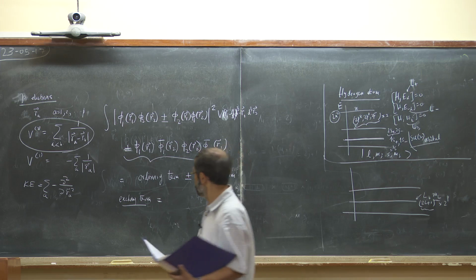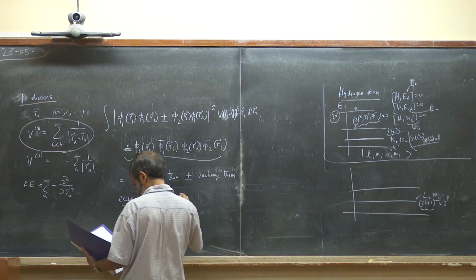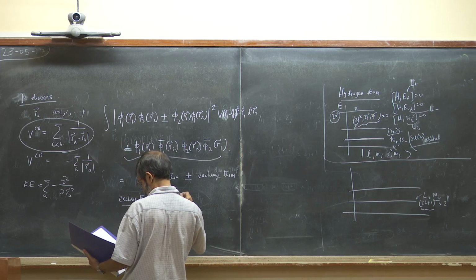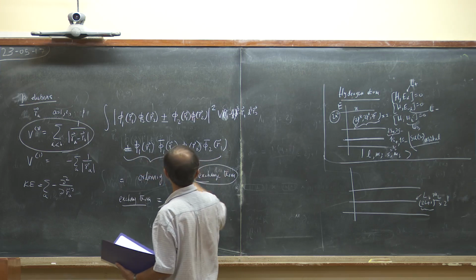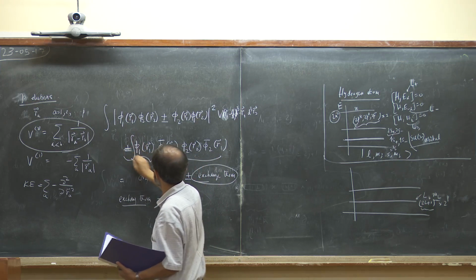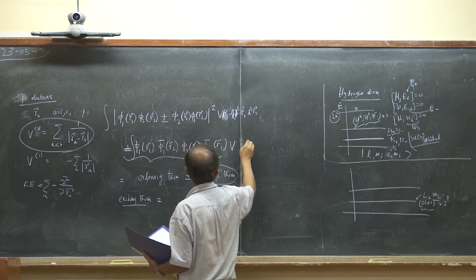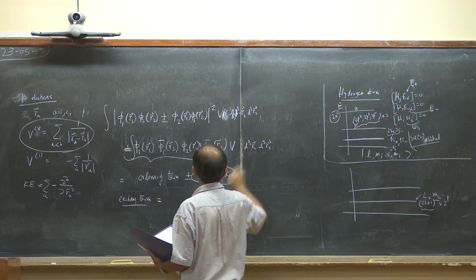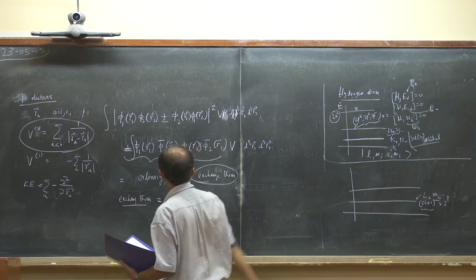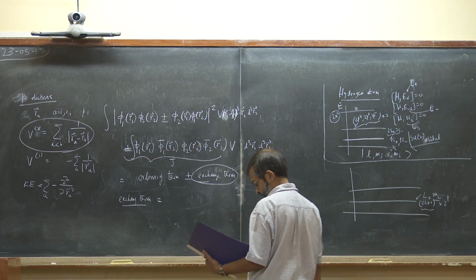So you can write, as a result, this object, this exchange term, as an integral of this kind, which is V d^3R1 d^3R2, and let's say I call that thing J.